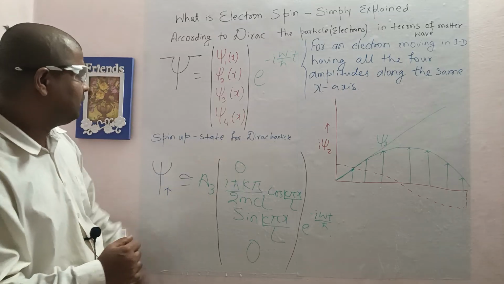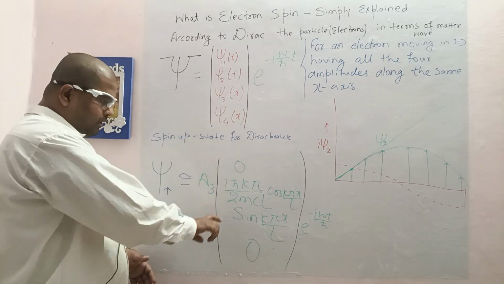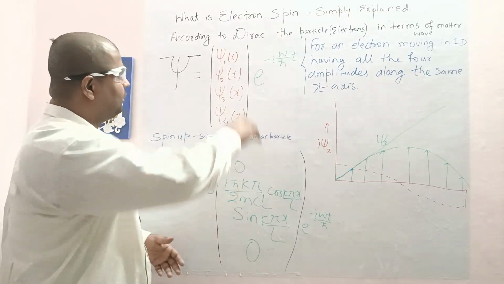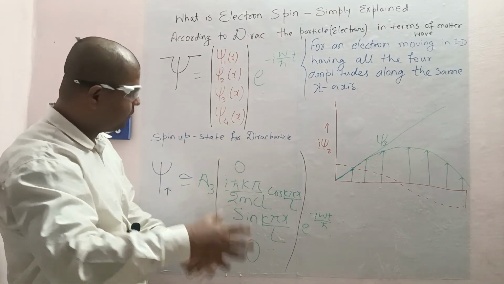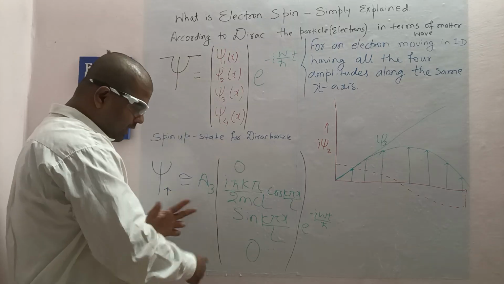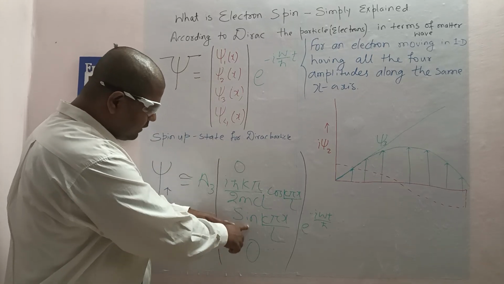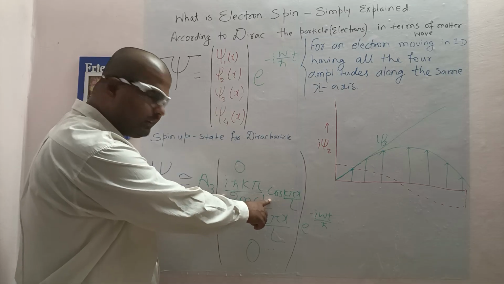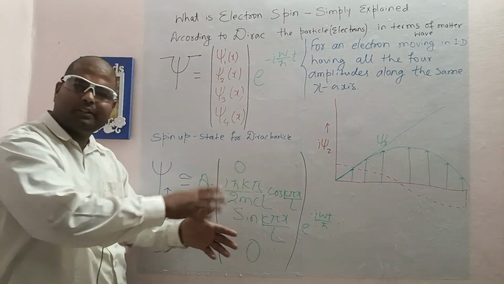Notice that in a spin down state, this was vibrating at a larger amplitude, this was at a smaller amplitude, and these two were 0. Now these two are 0, this is at larger amplitude vibration, and this is vibrating at a smaller amplitude. Means position has changed.